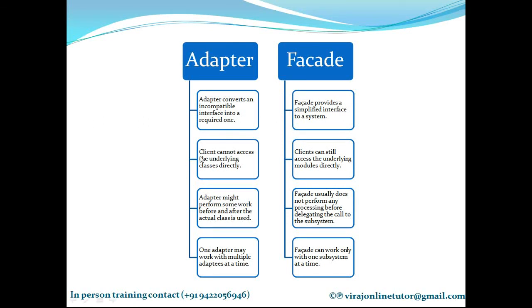The next difference is in the adapter, the client cannot access the underlying classes directly. They have to talk to the adapter because the interfaces are incompatible. If the client were able to talk to them directly, then why do we need an adapter there? Right?